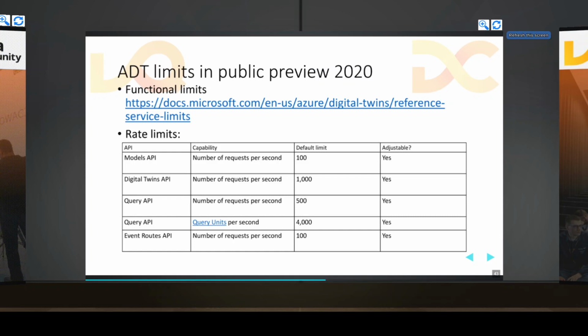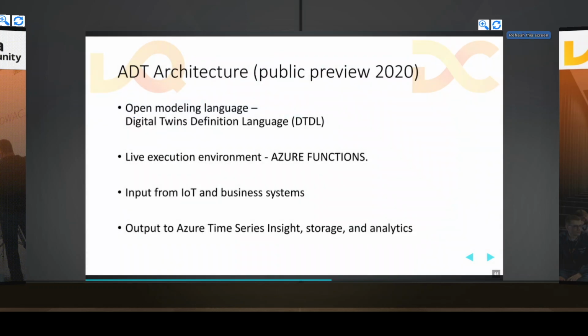We also have some default limitations for some metrics, which are adjustable. That means if you reach a limitation, you can ask Microsoft support to increase this limit to what you need.